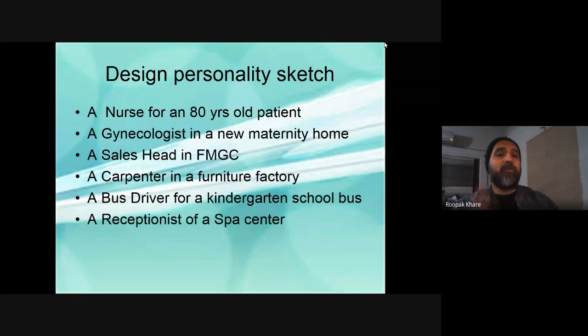Two, a gynecologist in a new maternity home. There is a new maternity home opening up, and there is a gynecologist coming and joining that job. Imagine that gynecologist. Sales head in an FMCG, a fast moving consumer goods company that is working in multiple countries, maybe. So a person who is a sales head of that company, who will that be?